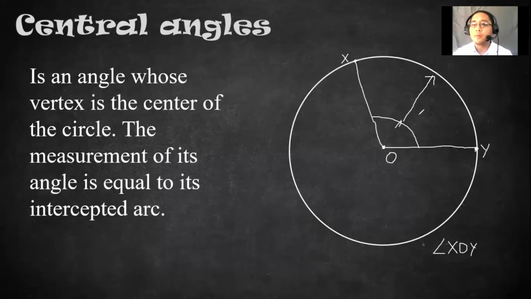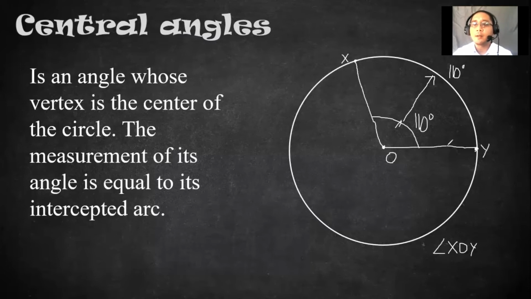For example, we place a measurement of the given central angle equivalent to 110. Therefore, arc XY is equivalent to 110 degrees.